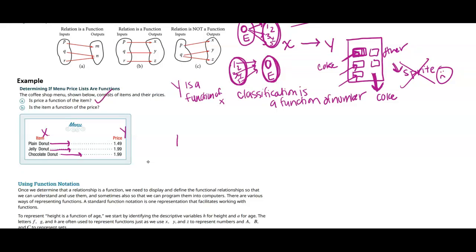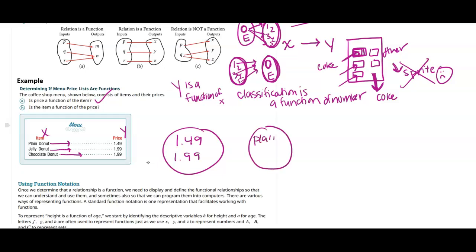However, if I switch these, I only have two prices, but then I have 3 donuts. Here I'm good, but now if I look at this price, it goes to 2 different outcomes. Not okay. So item is not a function of price in that way.